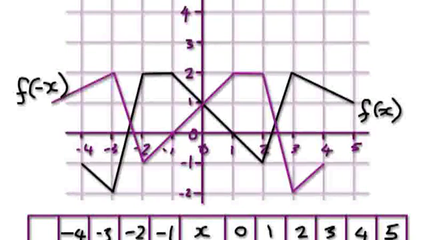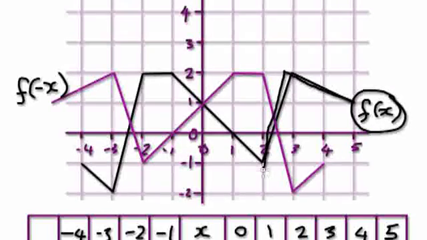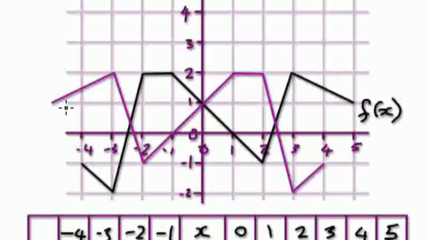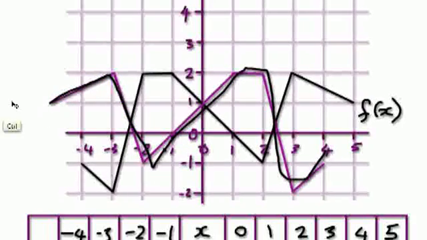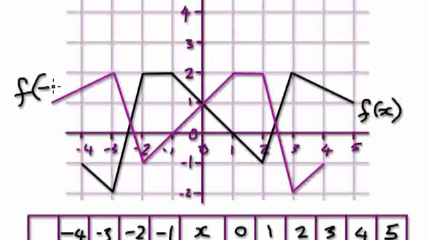So this is our original function, the black line, and the purple line here is f of negative x. And then imagine you placing a mirror right along the y-axis here.